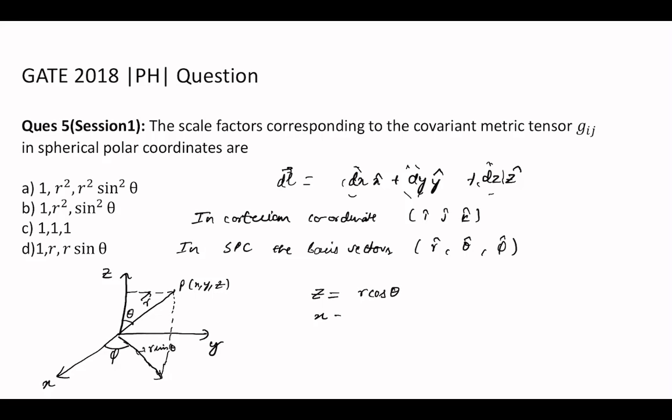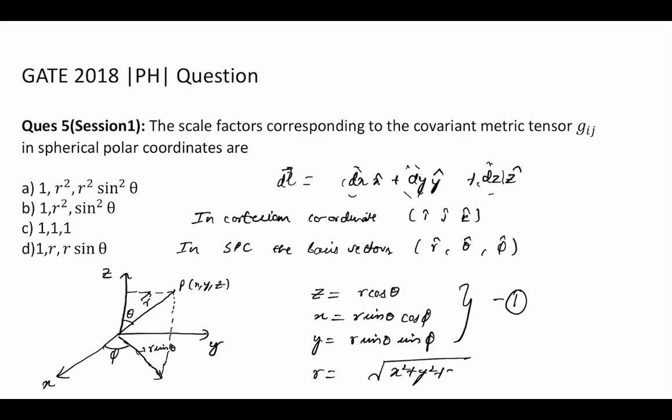Therefore x is r sin theta times cos phi, because this is r sin theta and hence this is r sin theta cos phi. Similarly, y will be r sin theta sin phi. So we have these three equations, which we may call 1, and the position vector magnitude r is nothing but the square root of x square plus y square plus z square, call this 2.